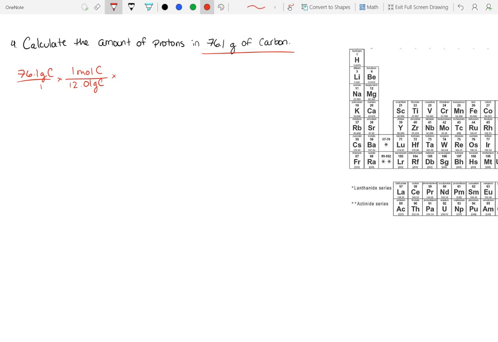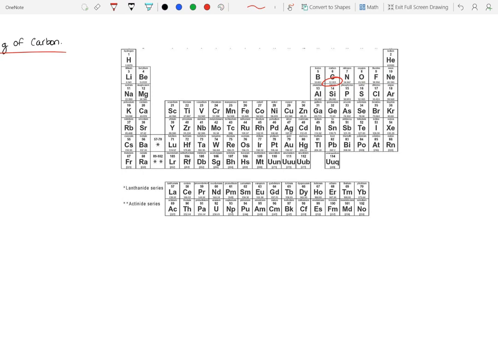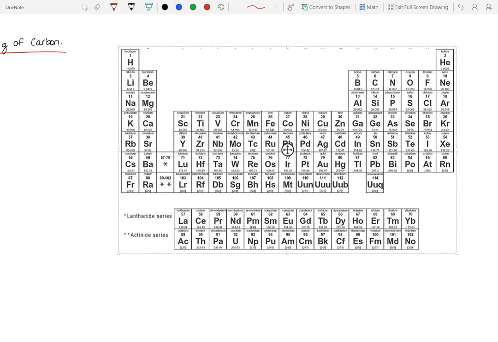Now, before we go any further, let's sort of conceptualize what we're looking for. So we're looking for the amount of protons, right? Well, how in the world do we calculate that? I've been realizing that a lot of students actually get really confused about this, but a lot of students assume that there's only 6 protons within an entire mole of carbon, which is not true, because remember, each atom of carbon has 6 protons.